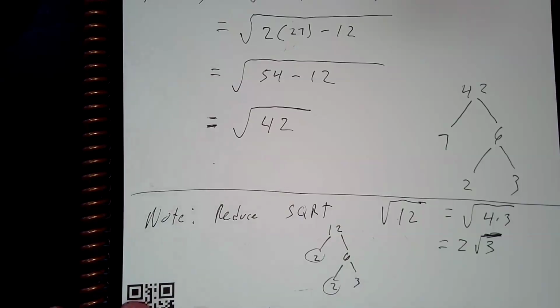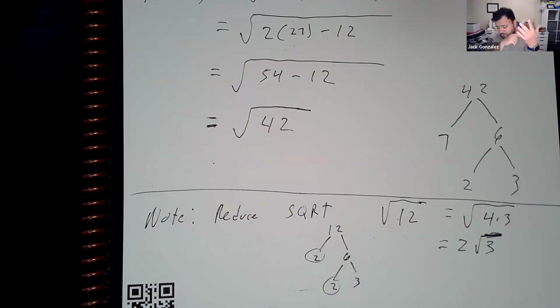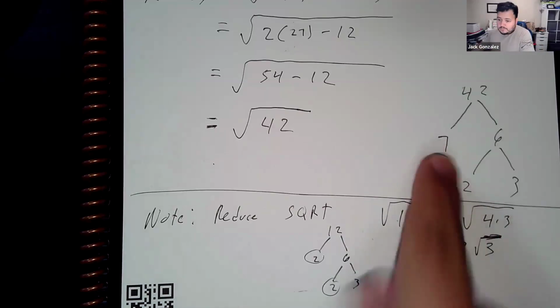Usually what I do, I just get my calculator and put in the number I'm trying to reduce and say, okay, there's 12 divided by 4, divided by 9, divided by 16, whatever, keep going. And then see which one goes in, the biggest one that goes in. This one is going to be 4. So if I had the 42, I'd say, okay, I don't really want to think about it.